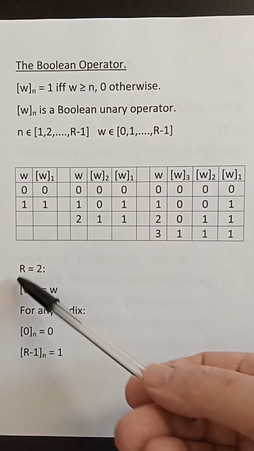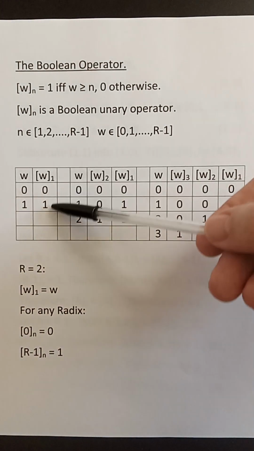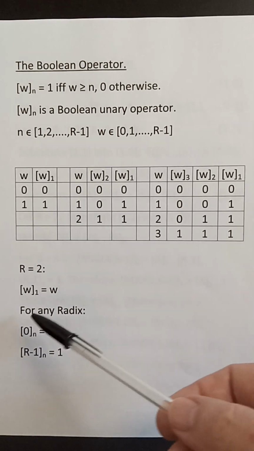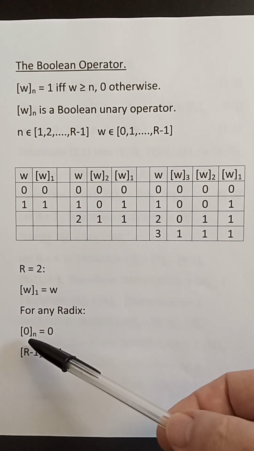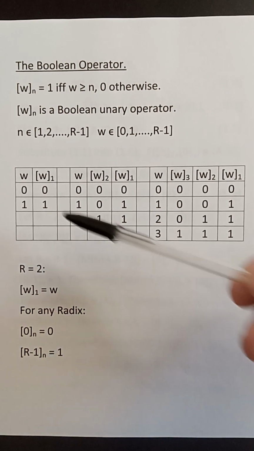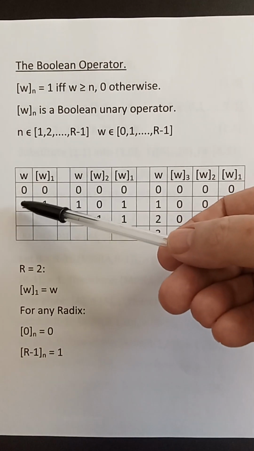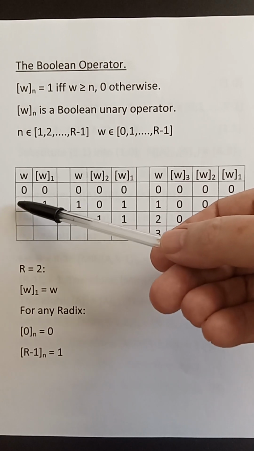So for r equals 2, W1 equals W, which can be seen here, and for any radix, 0 to the n equals 0 and r minus 1 to the n equals 1. Here we have 0 to the 1 equals 0, and r minus 1 here is 1, because the radix is 2.